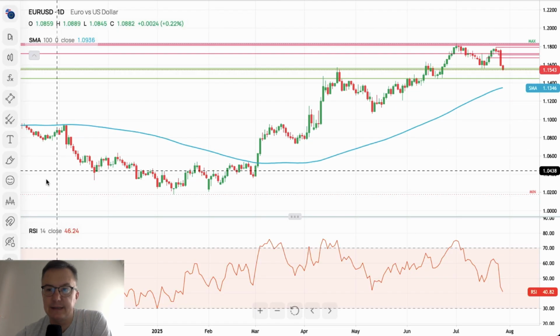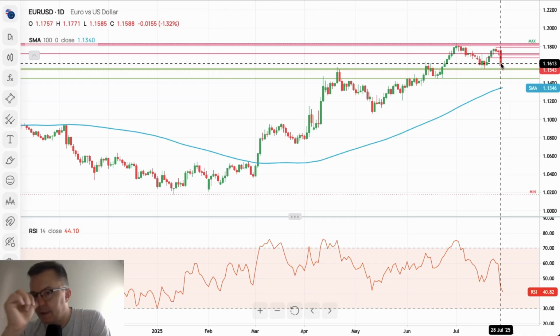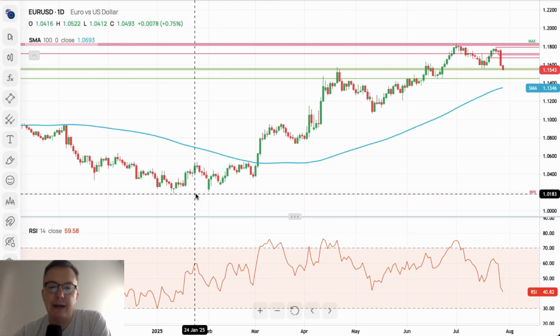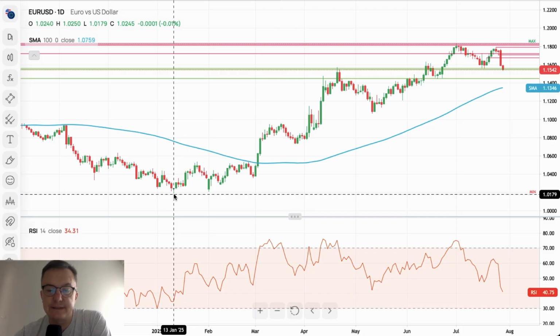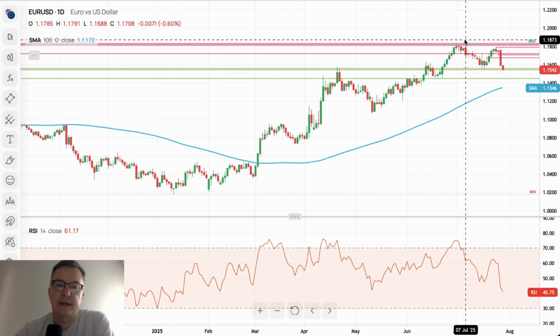If we look at the daily time frame chart, we can see a very big movement to the downside, a very big red candle, after all of this nice trending conditions we got since January this year, a little bit more than 6 months.